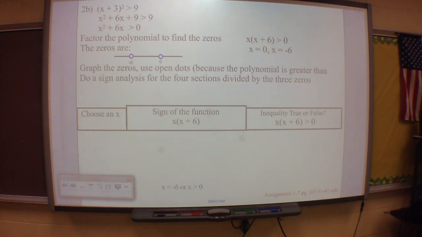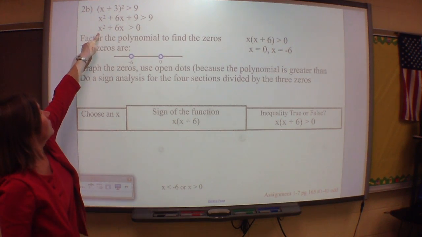Next one. Now I don't have anything compared to 0. So what I have to do is get 0 on one side. I multiply out the quantity x plus 3 squared, and I get x squared plus 6x plus 9 is greater than 9. Then I subtract 9 from each side, and I have x squared plus 6x is greater than 0.